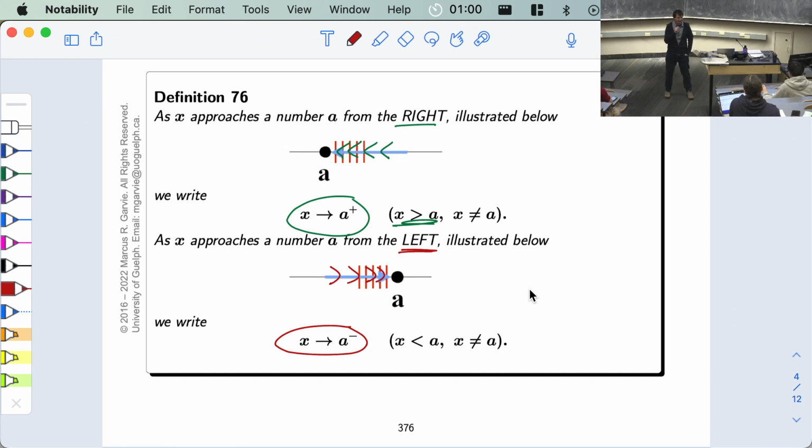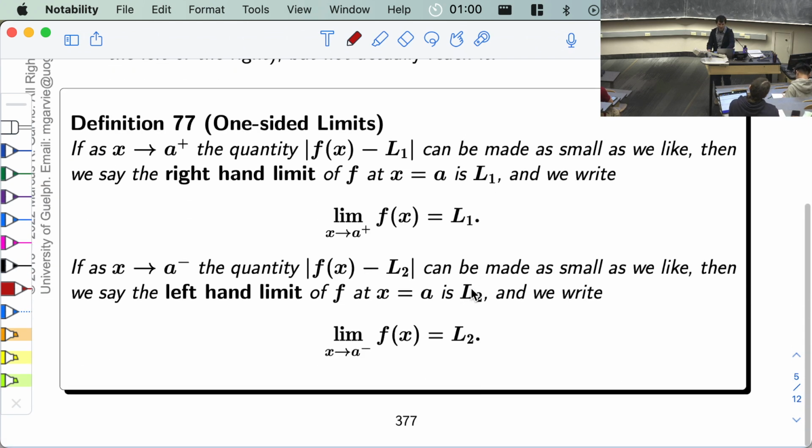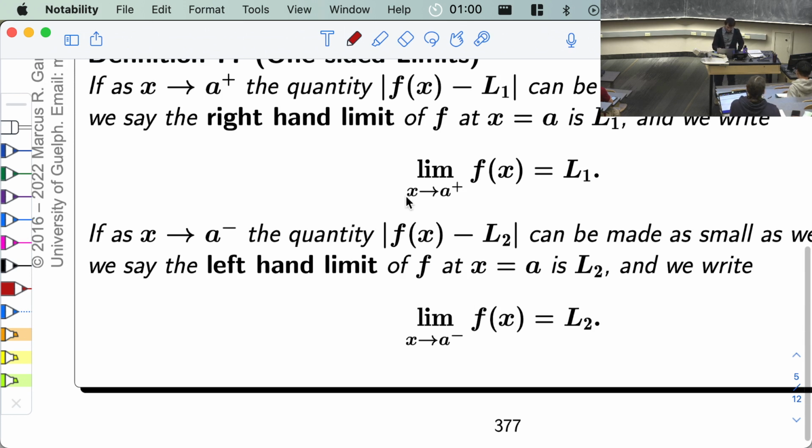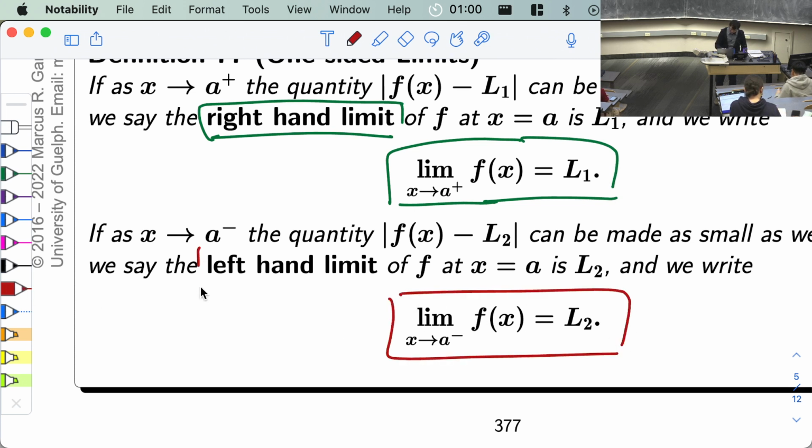Okay. So we have left and right limits, and when the limits exist, like we just saw, we write this kind of thing. We say the limit as x goes to a plus, that is in green, this is the right-hand limit. And we write x goes to a minus for the left-hand limit.